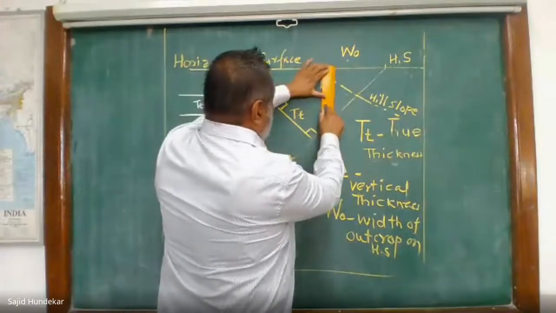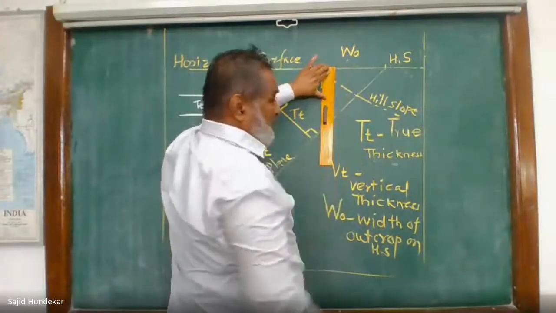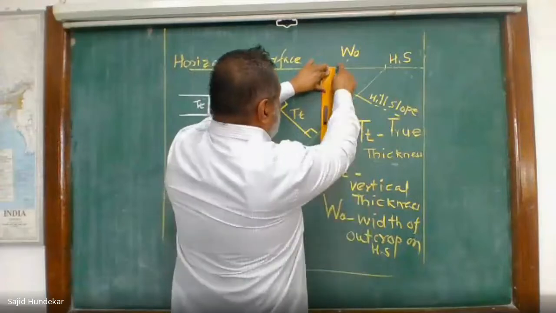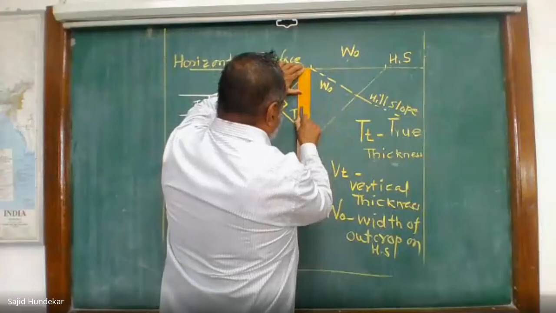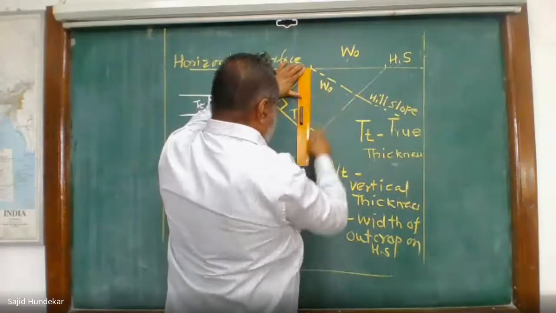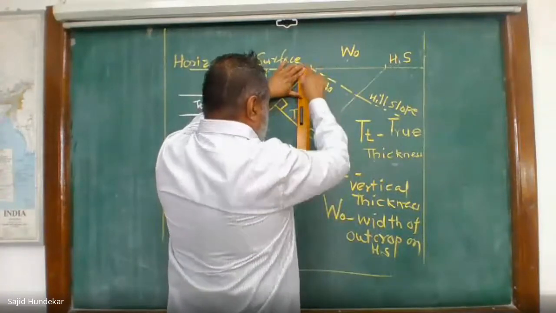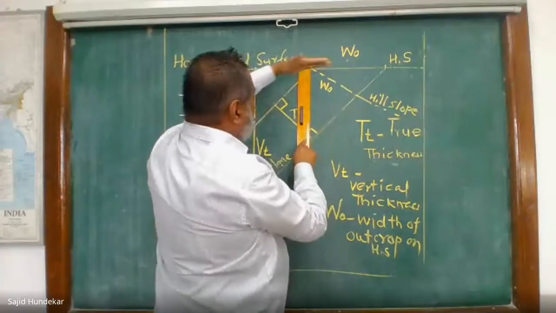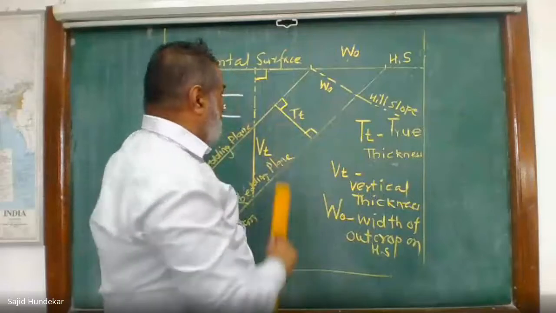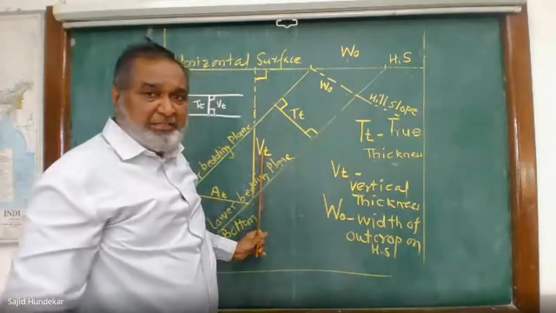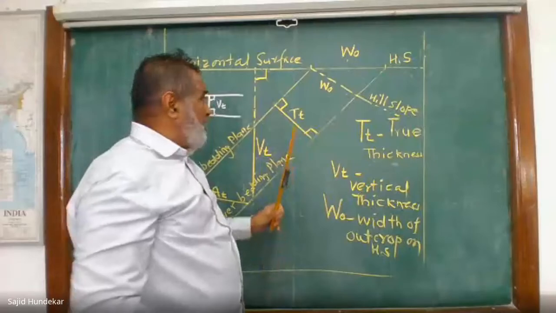But if I take it here, you have taken perpendicular to the ground, but here we don't have a top bedding plane, only the bottom bedding plane is there. So we need a line on which you get the top bedding plane as well as the bottom bedding plane. When you take the perpendicular to the horizontal surface, that distance is called the vertical distance, and it is always greater than the true thickness.